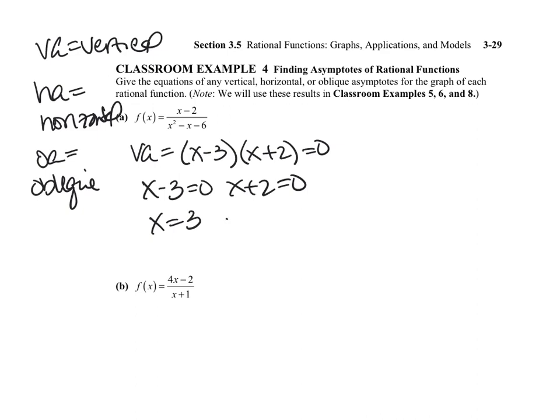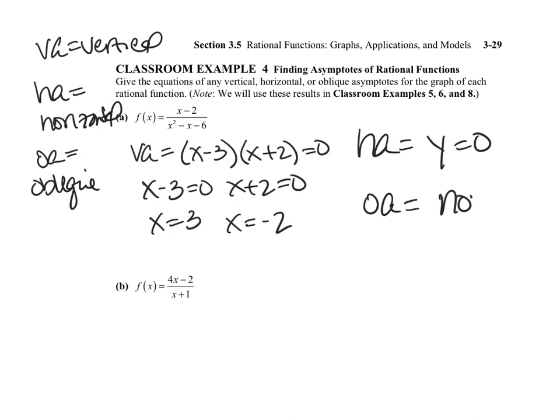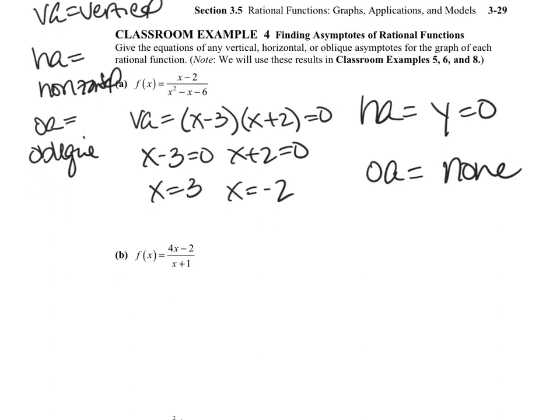So there's one at x equals 3 and one at x equals negative 2. So the horizontal asymptote, the numerator is of lesser degree than the denominator. So the horizontal asymptote is at y equals 0. There's not an oblique asymptote because there's a horizontal asymptote.